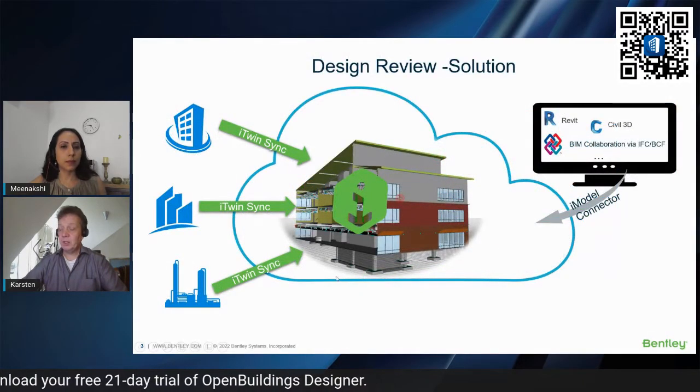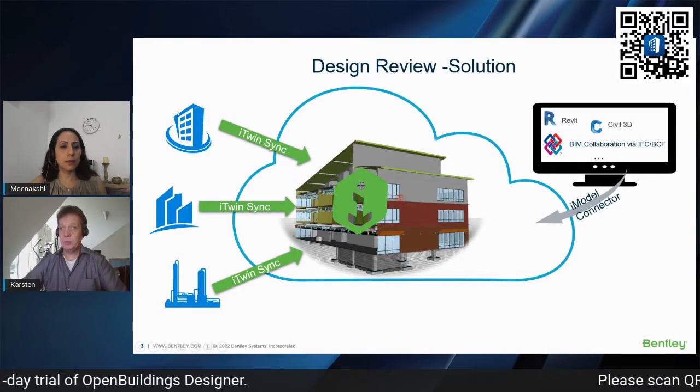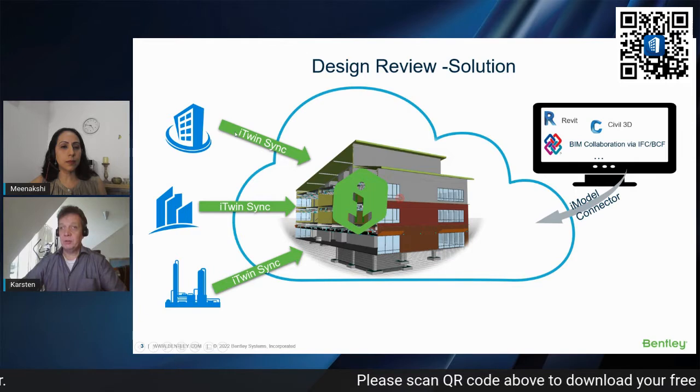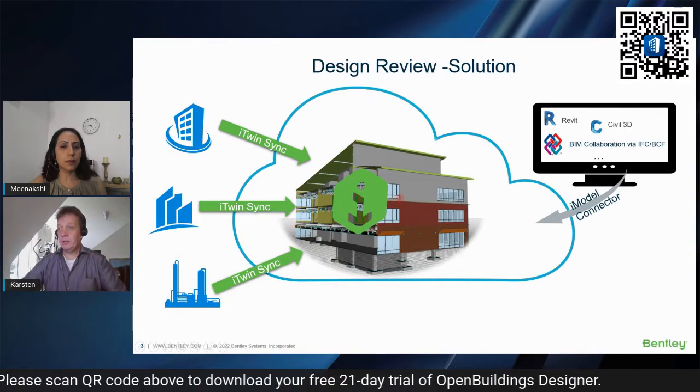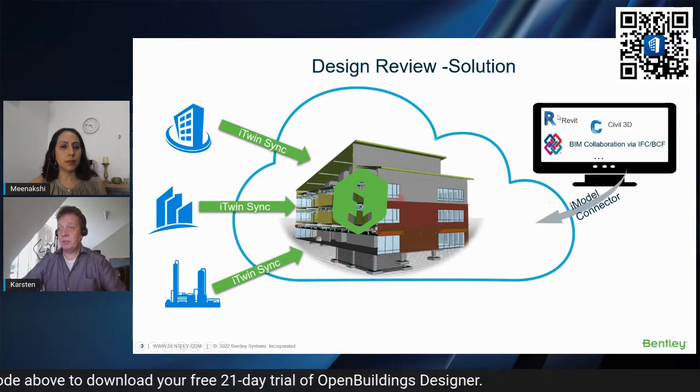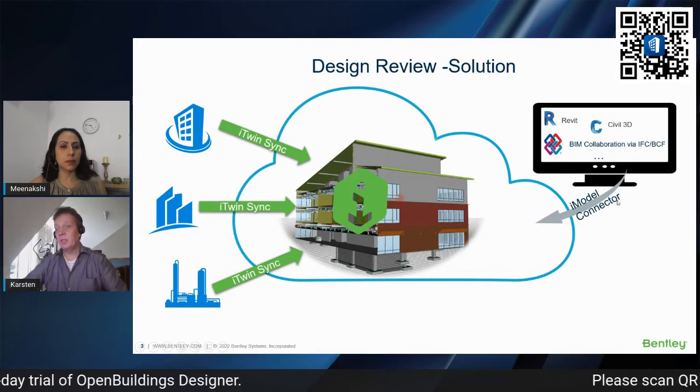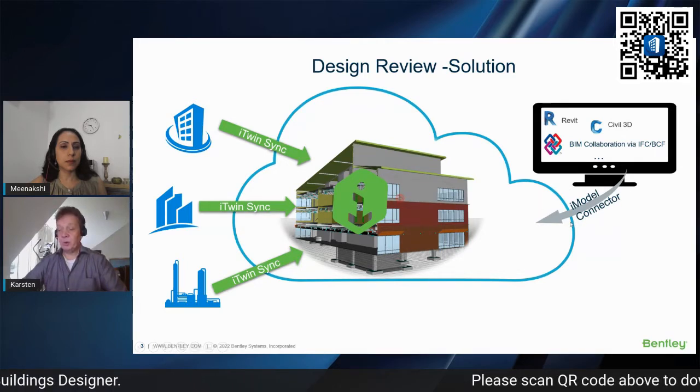Today, we will show this line here. So we have OBD. We use the iTwin synchronization to bring our model to the iTwin. We see this part here where we have some IFC data, Revit data, what's sent to the iModel via the iModel connector.